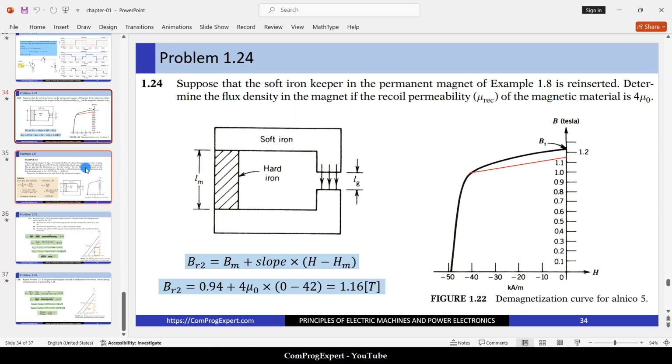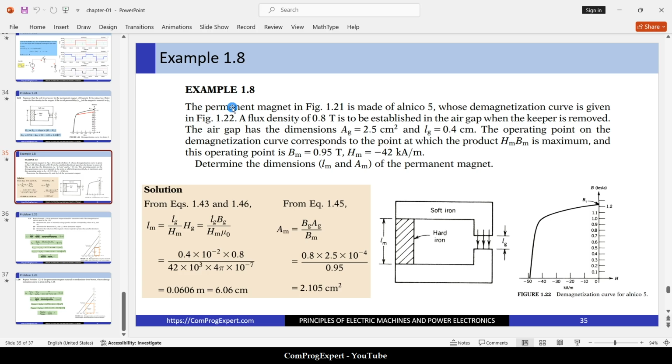Here in this example, we have the cross-section area of the air gap and the cross-section area of the magnet. We don't have the depth of the problem. I consider the depth of the problem equal to 1 centimeter. So this will be equal to the width of the magnet, and this is the width of the air gap, and this is the width of the magnet.